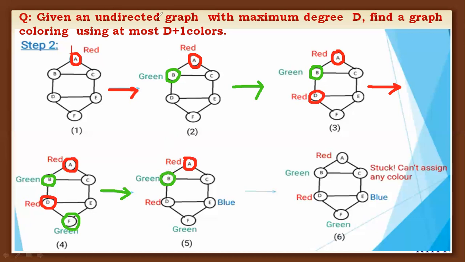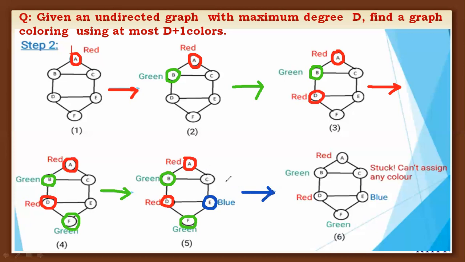And vertex C is colored again with red. Vertex D is already filled with green, but all the vertices satisfy the condition here. All the vertices have satisfied the condition that no two adjacent vertices have the same color. Blue color I have filled.